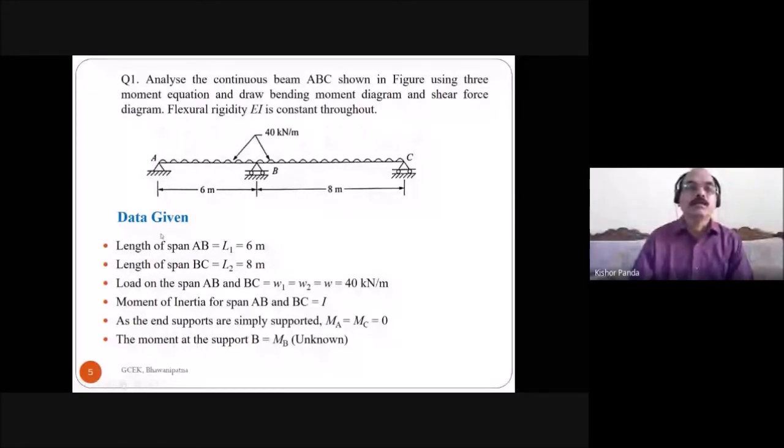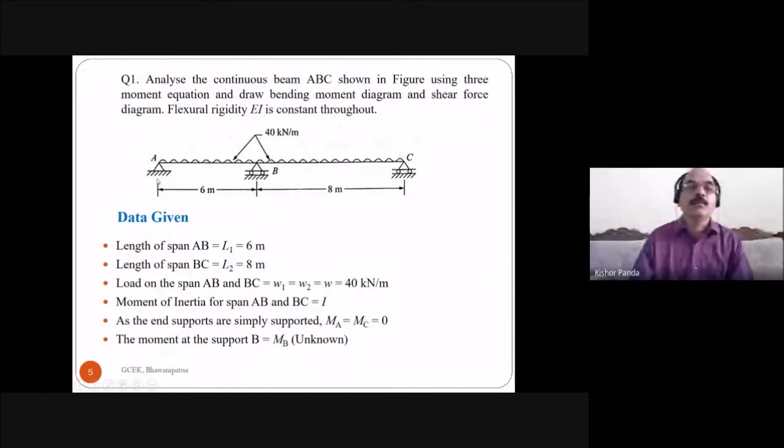But you see, the end supports, at support A and at support C, are simply supported. So you know the moment at a simply supported end is zero. So the moment at A is equal to 0 and the moment at C is equal to 0. So here you take MA equal to MC equal to 0.